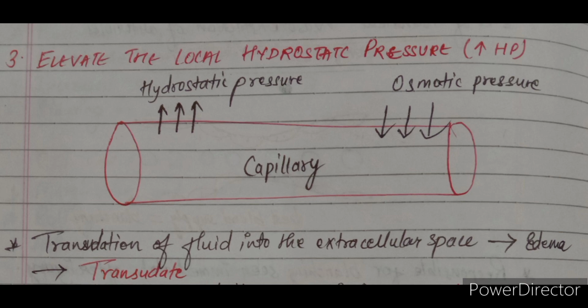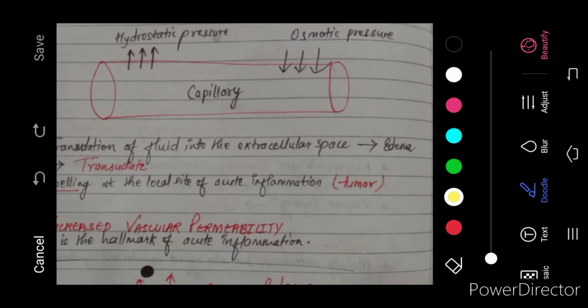Now think, this portion of the capillary is dilated, that is there is an increase in blood, which means there will be an increase in water, which will increase hydrostatic pressure.